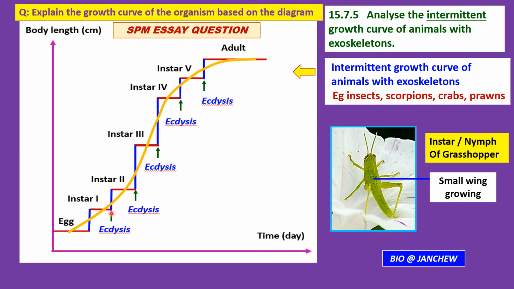Next, it sucks in more air to expand its new exoskeleton before it hardens. So at first, the new exoskeleton is soft, so the insect can suck in air to expand it. Then after some time, sometimes it's a few hours, the new exoskeleton hardens, and then that's when the size of the exoskeleton is already expanded, okay, becomes longer.